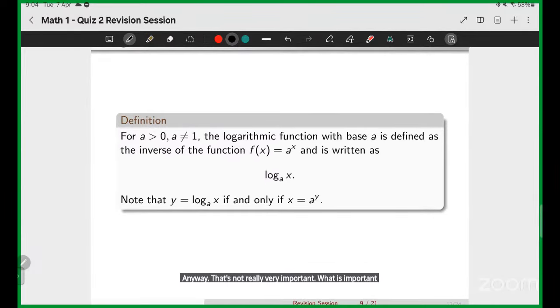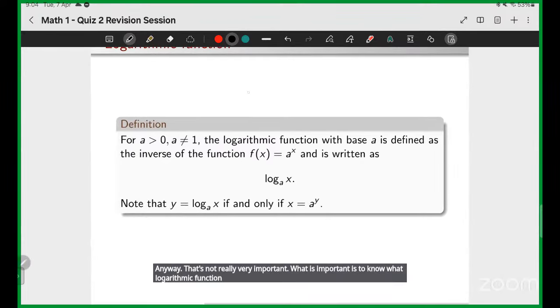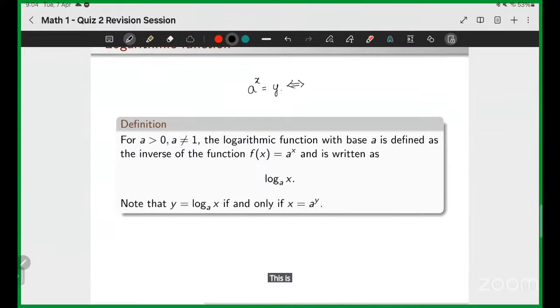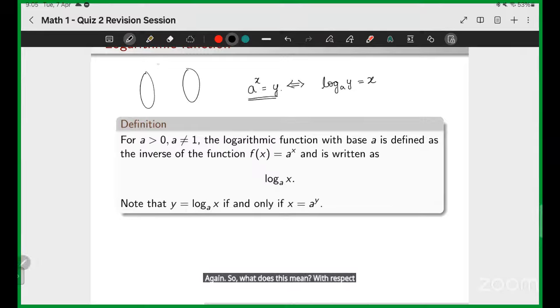What is important is to know what the logarithmic function means. Now, if I have a to the x is equal to y, this is the same as saying log of y to the base a is equal to x. This is just using the definition of the inverse again. So what does this mean? With respect to the exponential function, x goes to y.